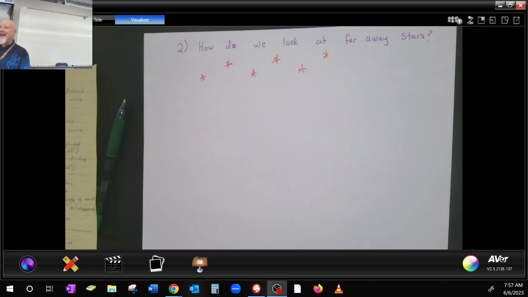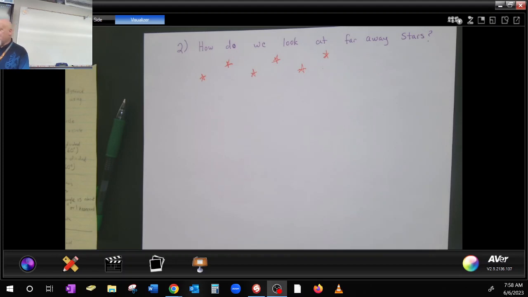It took about 8.5 minutes for that light to leave the sun and reach the Earth. Which means when we're looking at the sun, we're not looking at the sun as it is right now. We're looking at the sun as it was 8.5 minutes ago. If the sun suddenly blew up, we wouldn't know for 8.5 minutes.